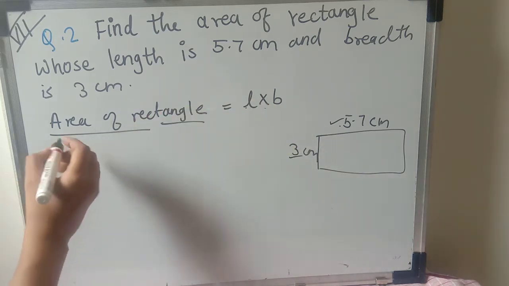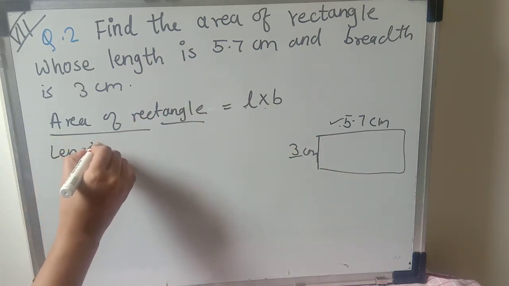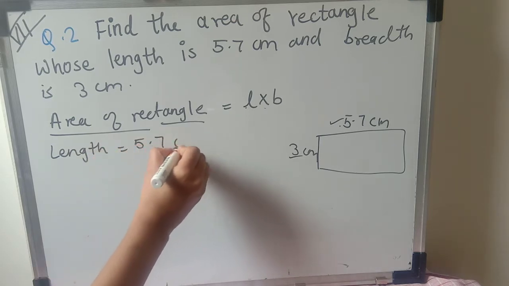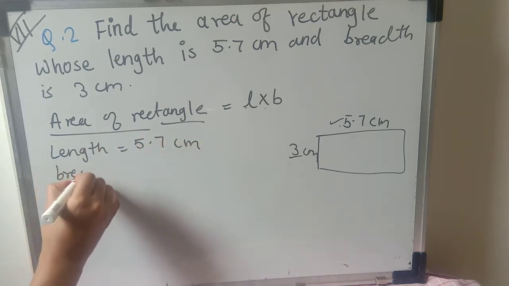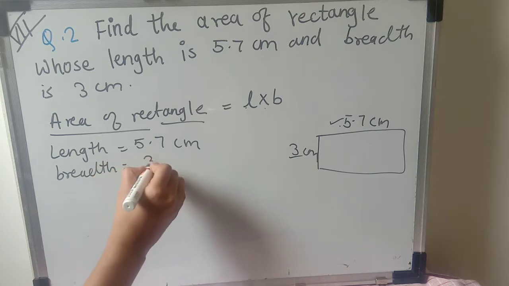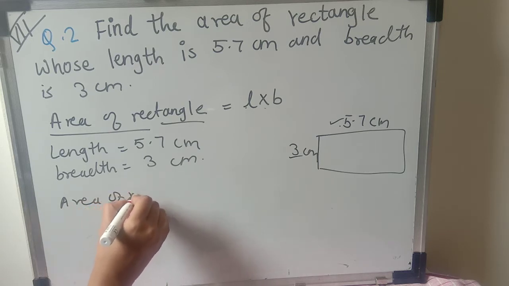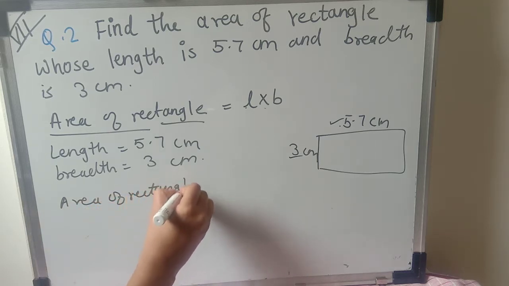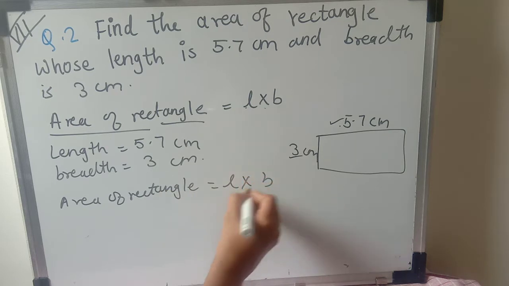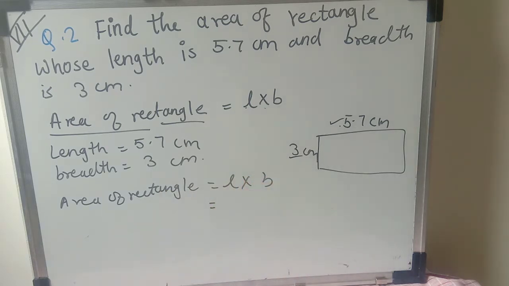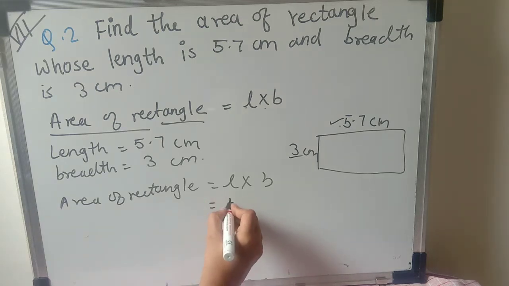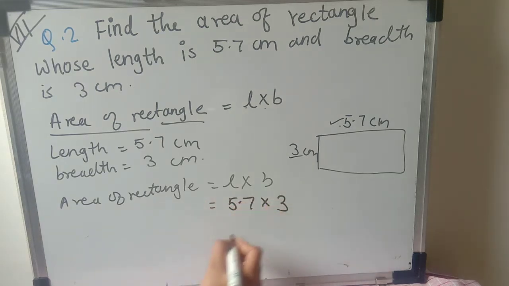So here our length is equal to 5.7 centimeter and breadth is 3 centimeter, and the area of a rectangle, this is the formula, that is L into B. Just put the numbers into the formula, and here we will get 5.7 multiplied by 3. So here I will do it.